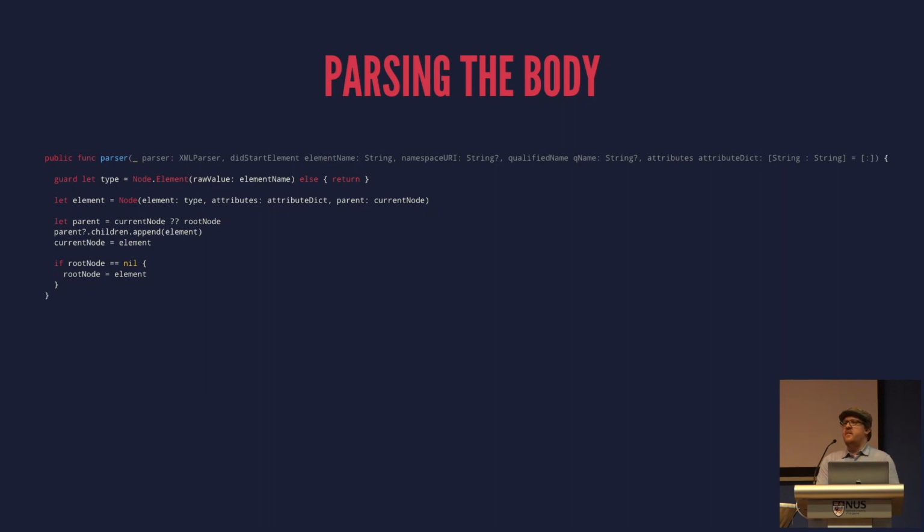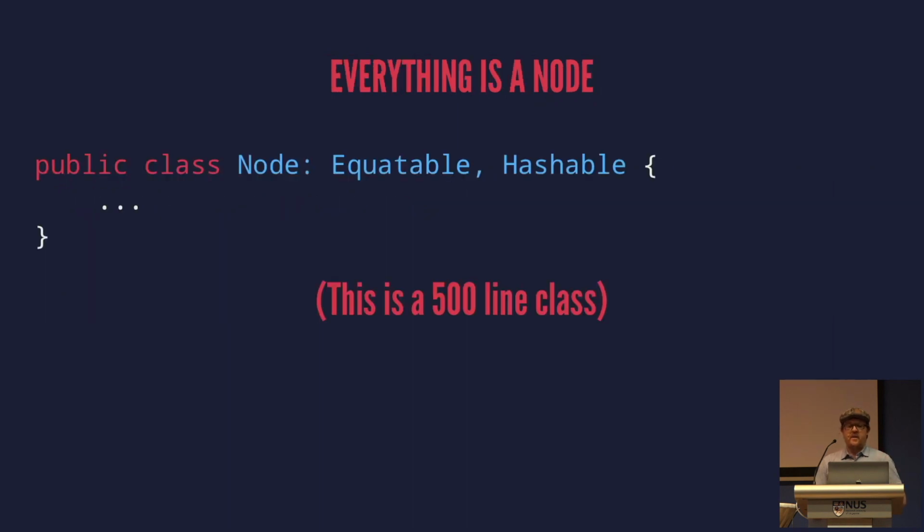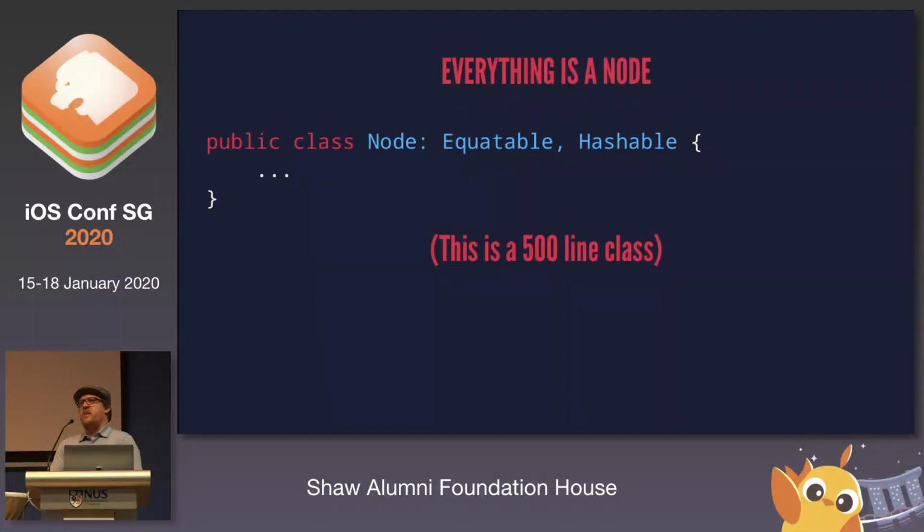So taking that from our XML parser, we then look at our node. This is at the moment 500 lines in a class, a little bit on the nose, but it does the job. The reason why I went for a single class here is that it will allow the interpretation on the SwiftUI side to be a bit nicer and to handle the distinctions and the differences quite well.